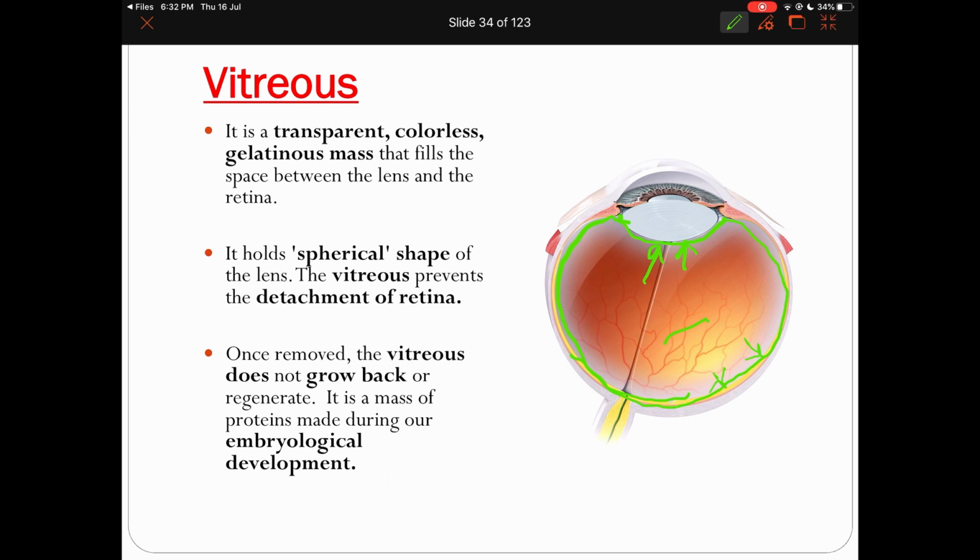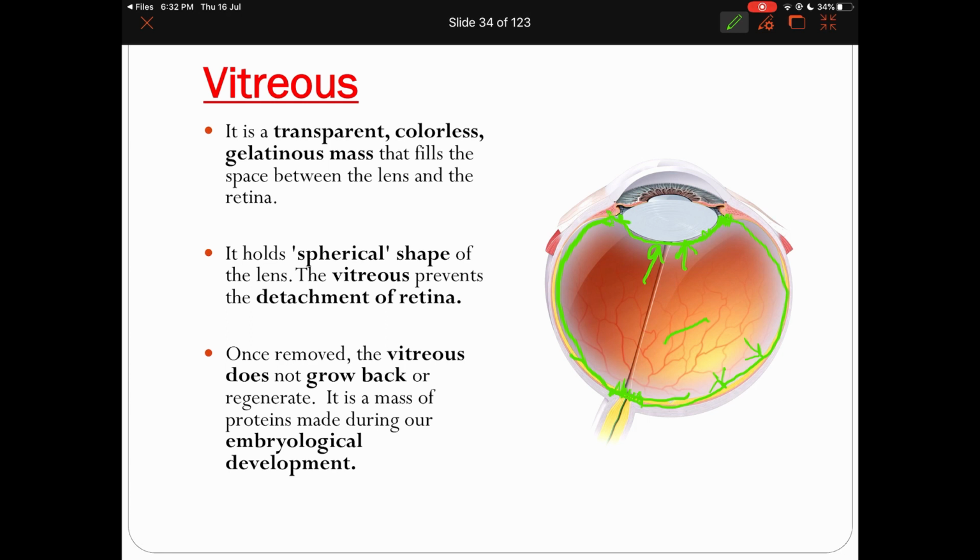You cannot simply take this whole vitreous body outside. It is in contact with certain parts of the capsule. At the ora serrata and at the optic disc it is firmly adherent, and you cannot detach it.